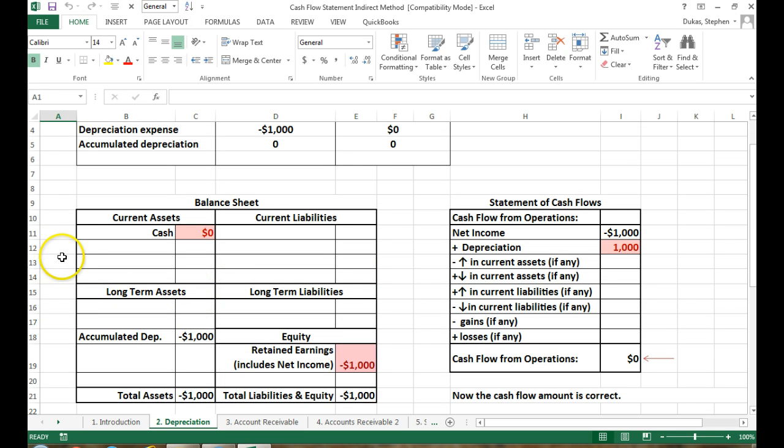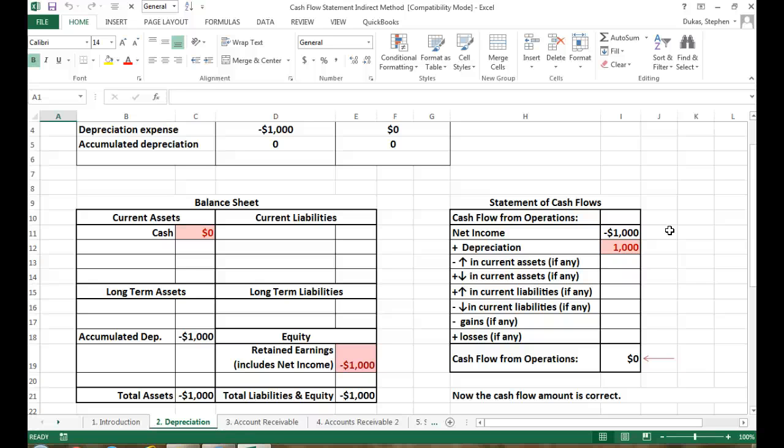If you look at the balance sheet, once this transaction happens, both assets and liabilities, actually equity, are reduced by $1,000. You notice on the operating section of the statement of cash flows, we have net income at the top. Since we're just considering this one transaction, net income is minus 1,000.